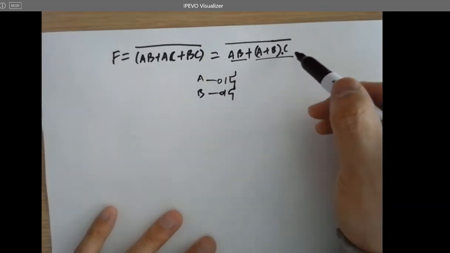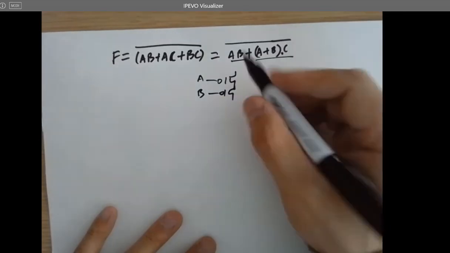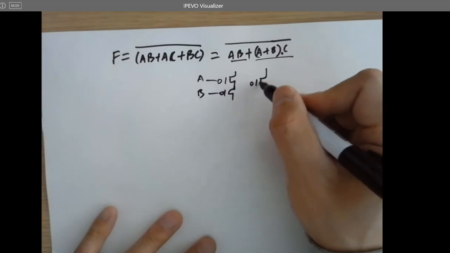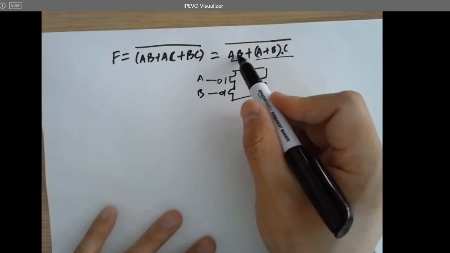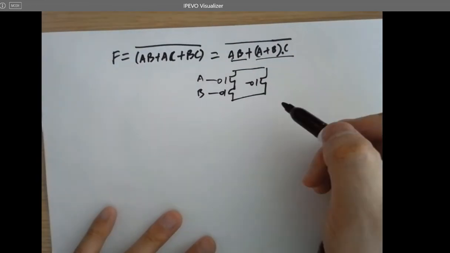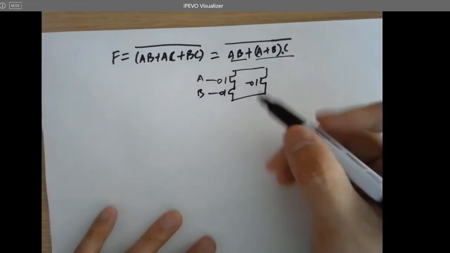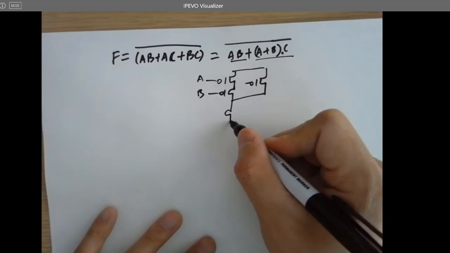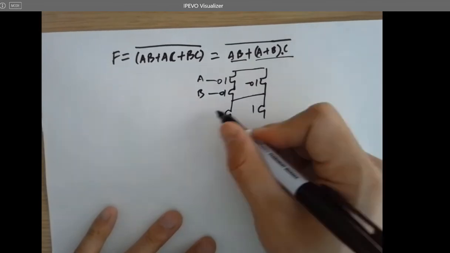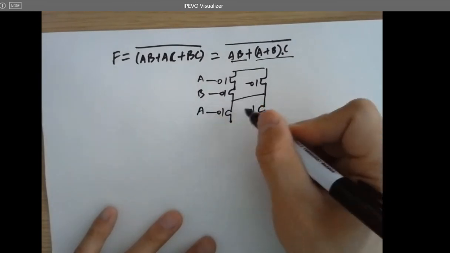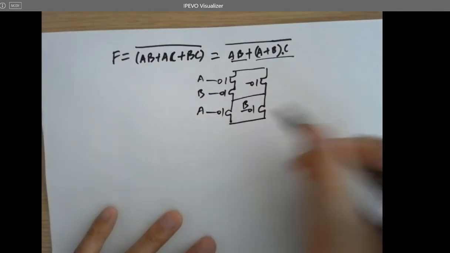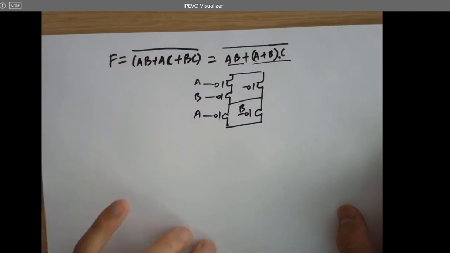So for the PMOS, it should be in parallel with A or B. And A and B, they should be in parallel. So we're done with the PMOS.